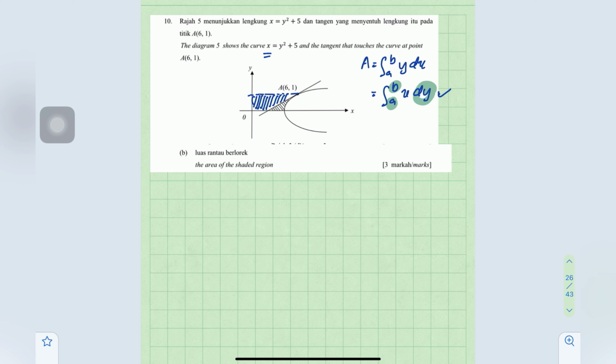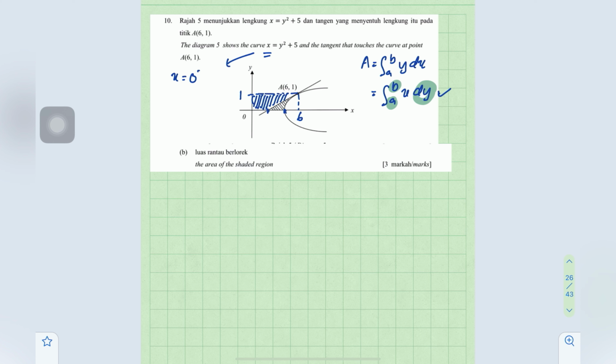So we need to find its x-intercept and so on. This one we already know, this one is 1. This one is 6. To find this intercept, we substitute y equals 0 into the equation. So y is 0, we get x equals to 0 squared plus 5.